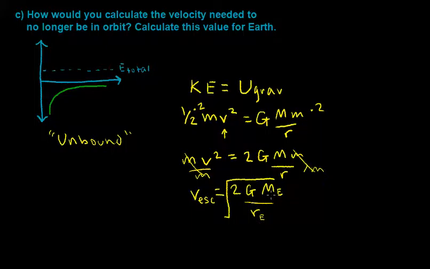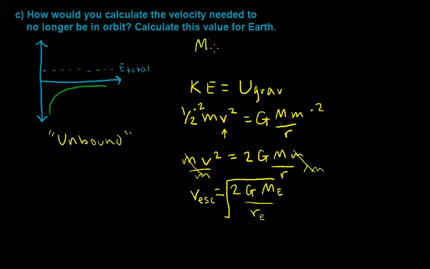So the last thing we need to do then is calculate the escape velocity for Earth. And we will need the mass of the Earth and the radius of Earth. And I have these on a separate piece of paper next to me, so I'll just write these down.